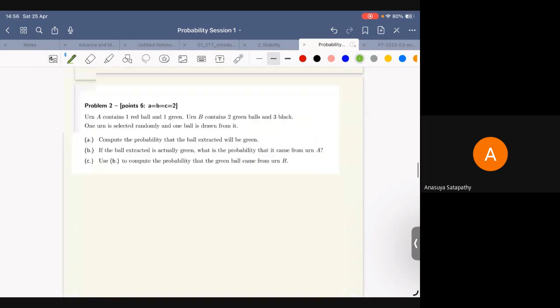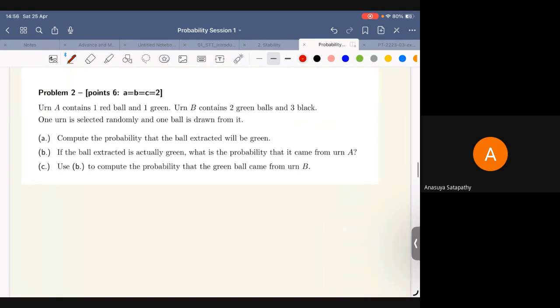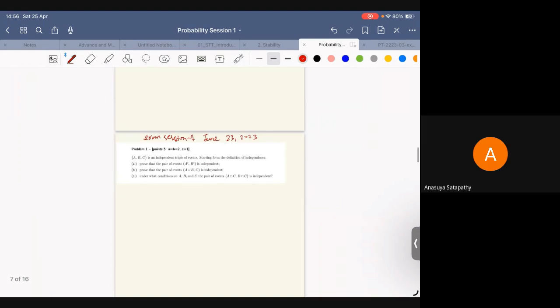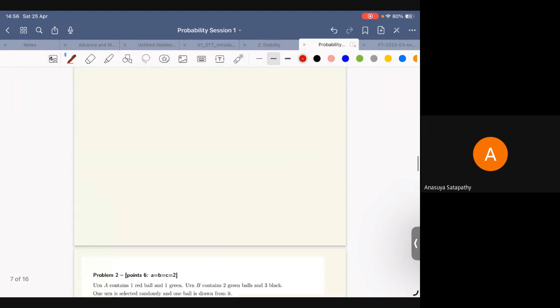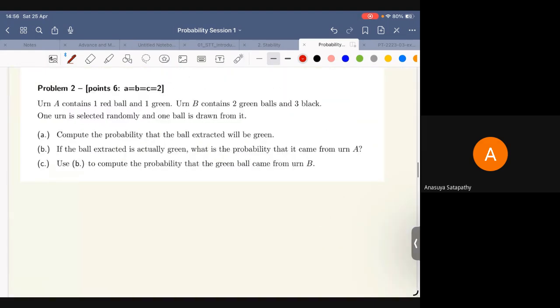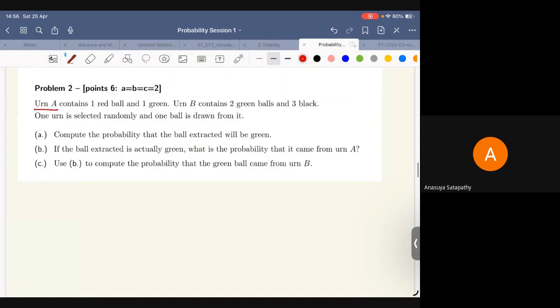Okay. Read this question. This was a full exam question of June 2023 first session. There is an urn which contains one red ball and one green ball.